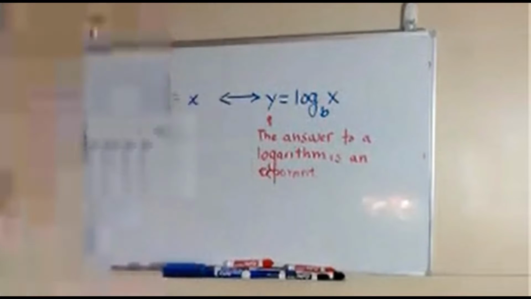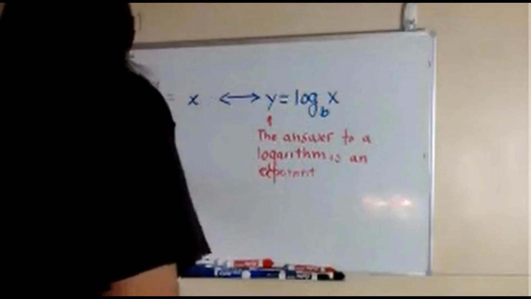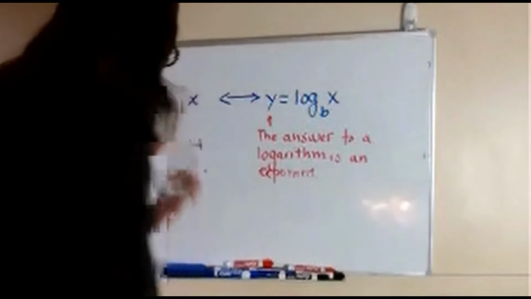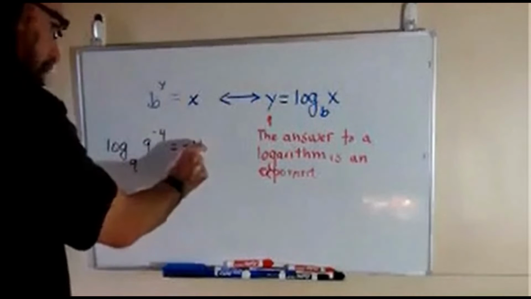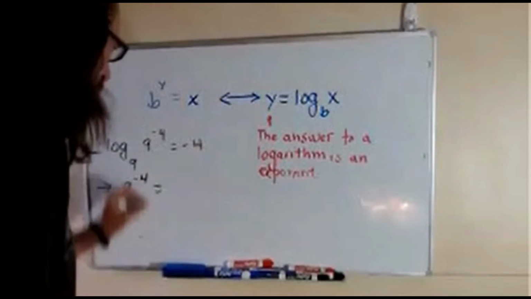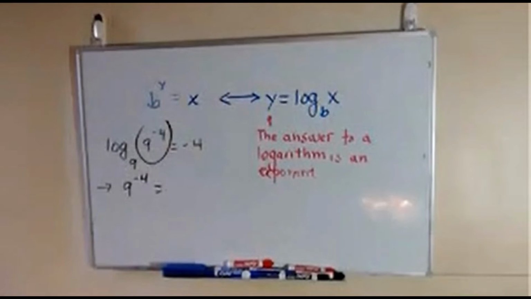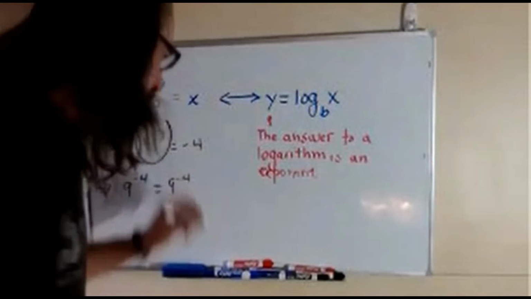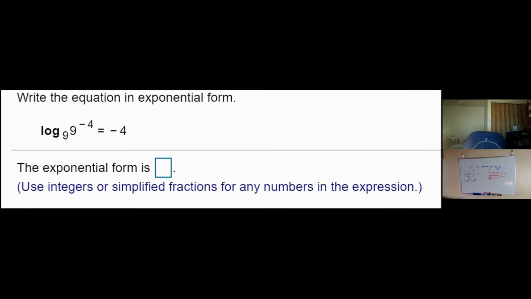Log of 9 to the negative 4, base 9 equals negative 4. So our negative 4 here is an exponent for the base 9. And by a process of elimination, the third part that we didn't deal with was what we're taking the logarithm of. So we want to have 9 to the negative 4 equals 9 to the negative 4.